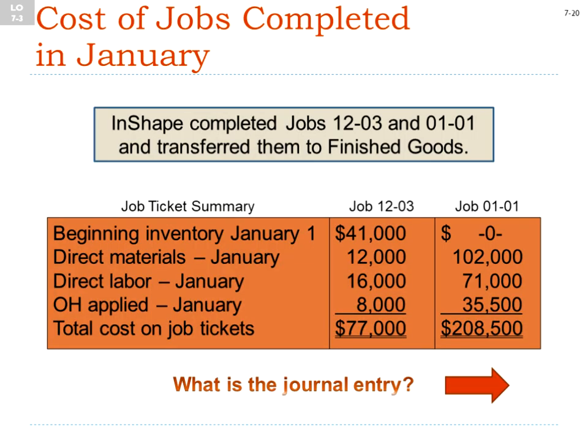And the next part of the example, InShape Inc. completed jobs 1203 and 101. The jobs are then summarized and it shows that job 1203 totals 77,000 and job 101 is 2085.